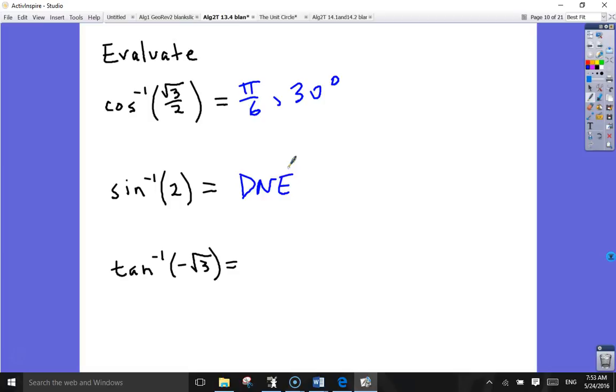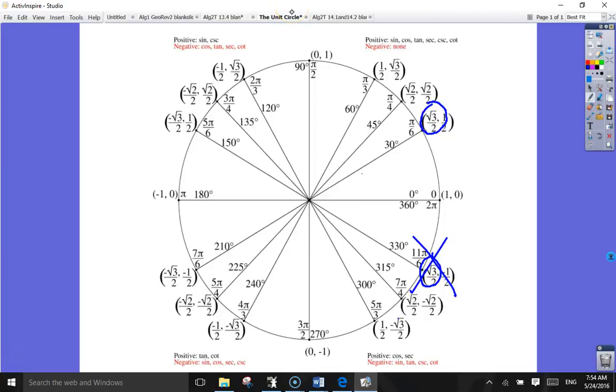And how about the tan inverse of negative square root of 3? Remember, for tangent, you're only looking in quadrants 1 and 4. We're not looking anywhere else. And are we going to see the tangent in any case on this? No. What is the tangent?